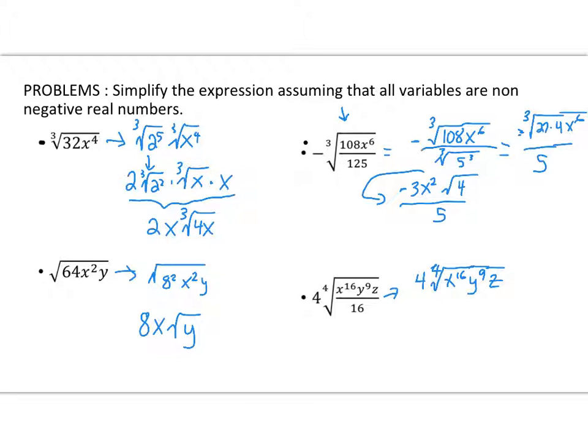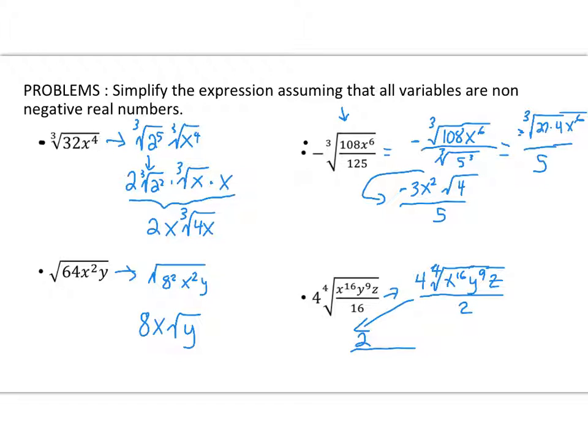And then on the bottom, I can take the 4th root of 16 and I just get 2. Right? So now I can start pulling out factors out of the radicand. The 4 and the 2 cancel, so I'm just left with 2 on top.